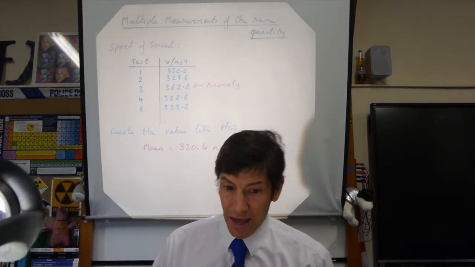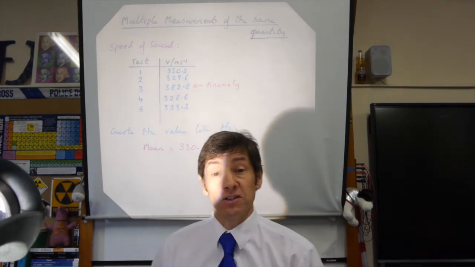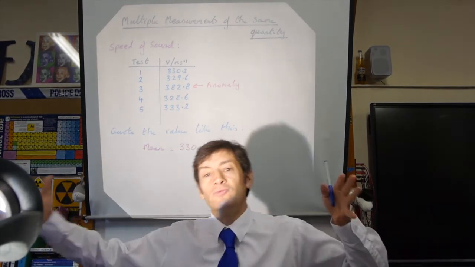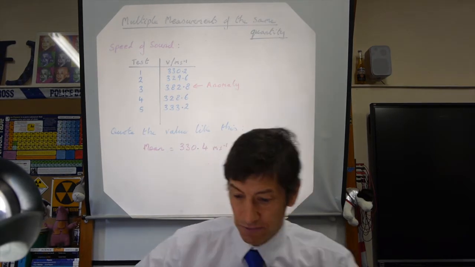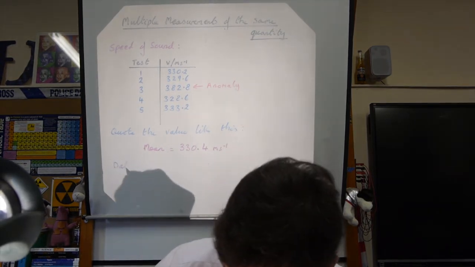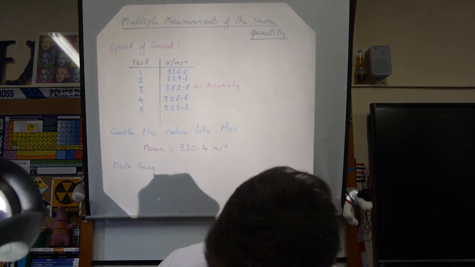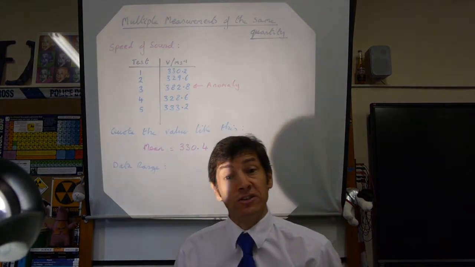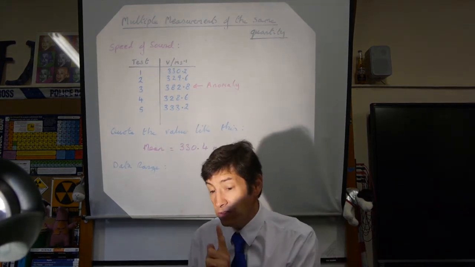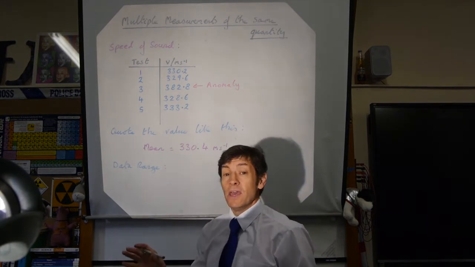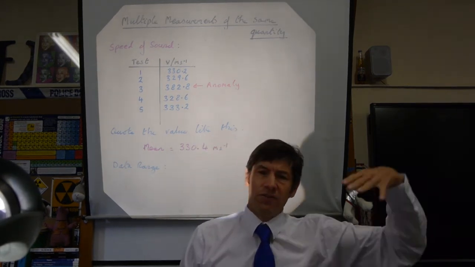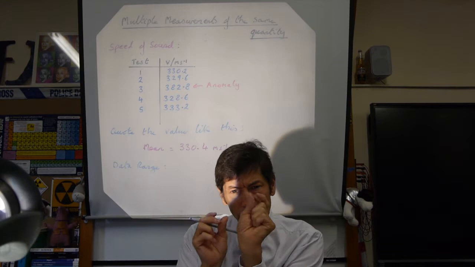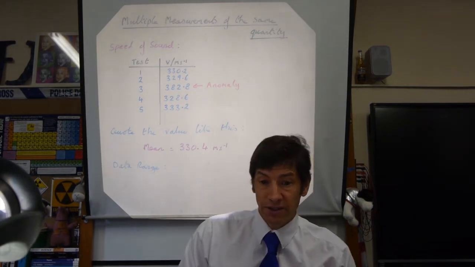And then to work out the absolute uncertainty, find out what the range of the data is. So the data range, because it's interesting to know, the normal mean doesn't tell you that. It's interesting to know, did it vary between very low and very high, or just between quite narrow limits?